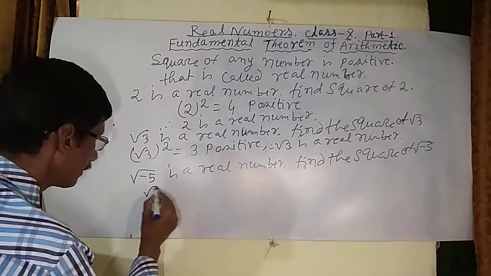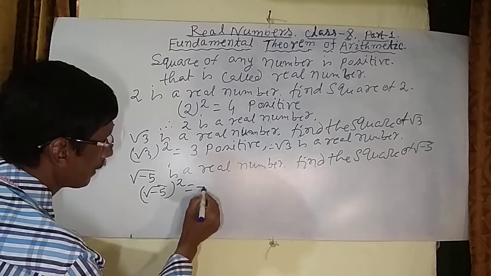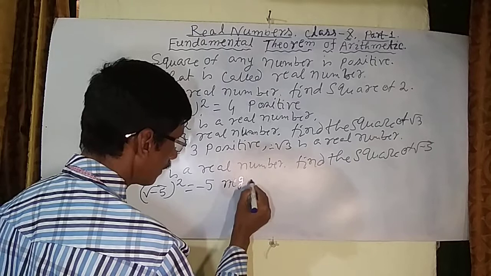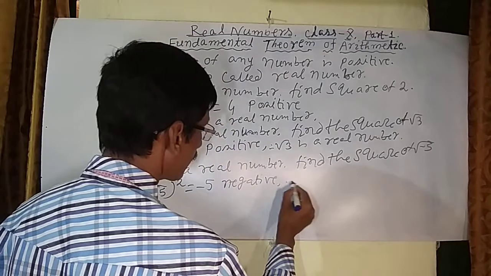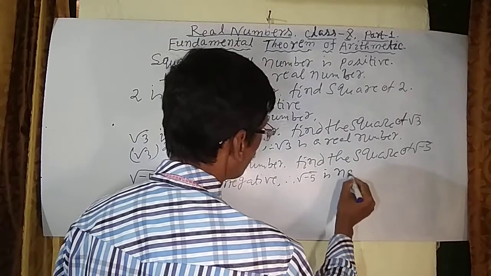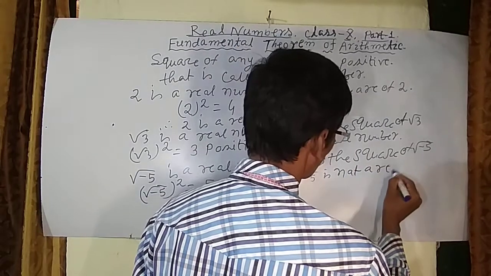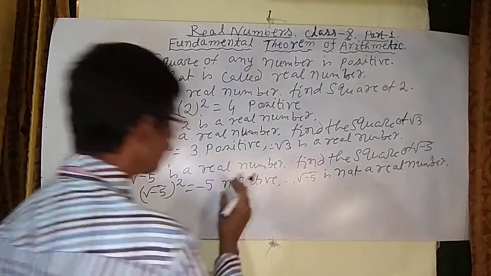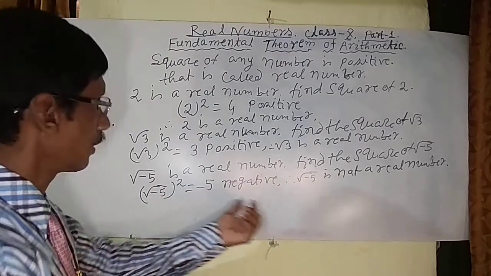So then the result, minus root 5 square, is equal to minus 5. So it is negative. Okay. Therefore, minus root 5 is not a real number.